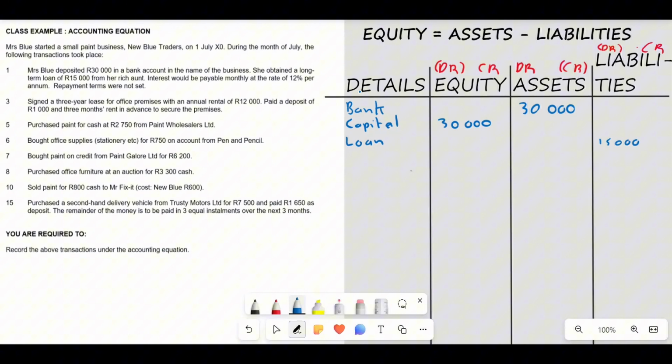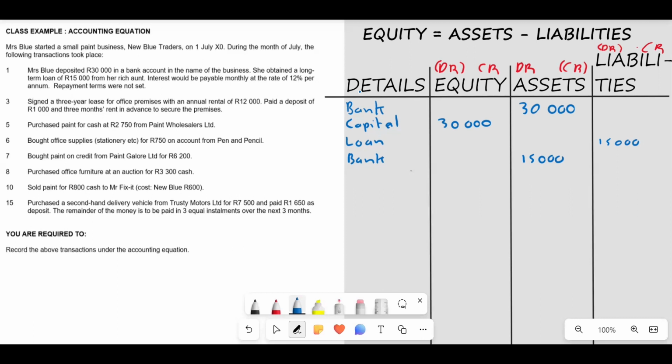The debit account would be the bank, because the bank is going to increase with the 15,000. Basically, the bank account will be greater by 15,000 as the loan will increase the bank account of the company.